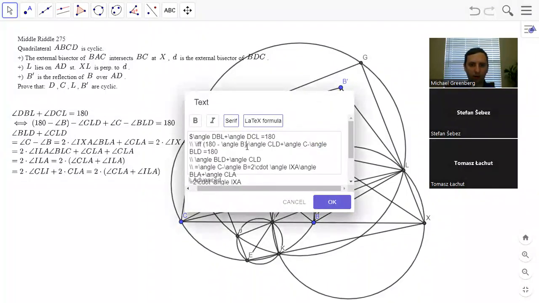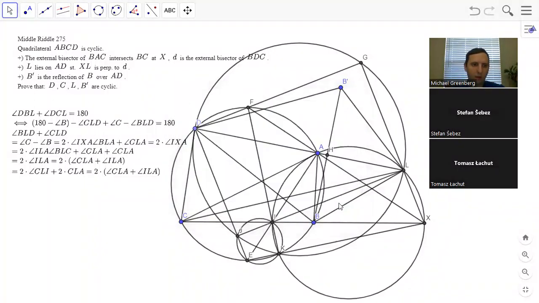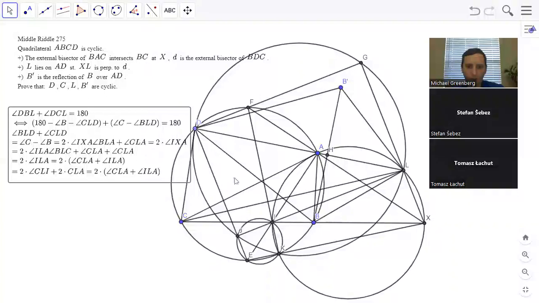Yeah. Okay, so everything is okay, it's just inverted here. All right, so angle C minus angle BLD is angle DCL. Well, so DCL, no, would be C minus LCB, right?